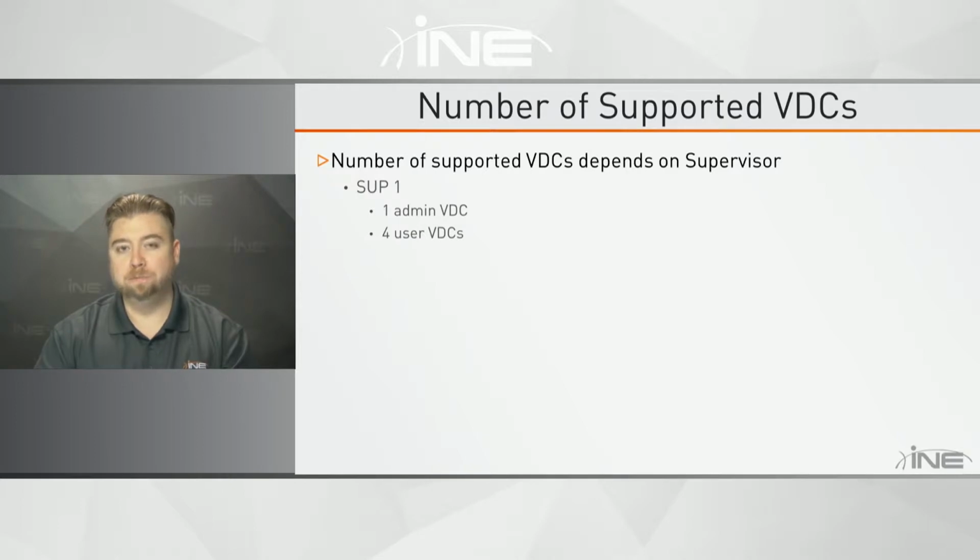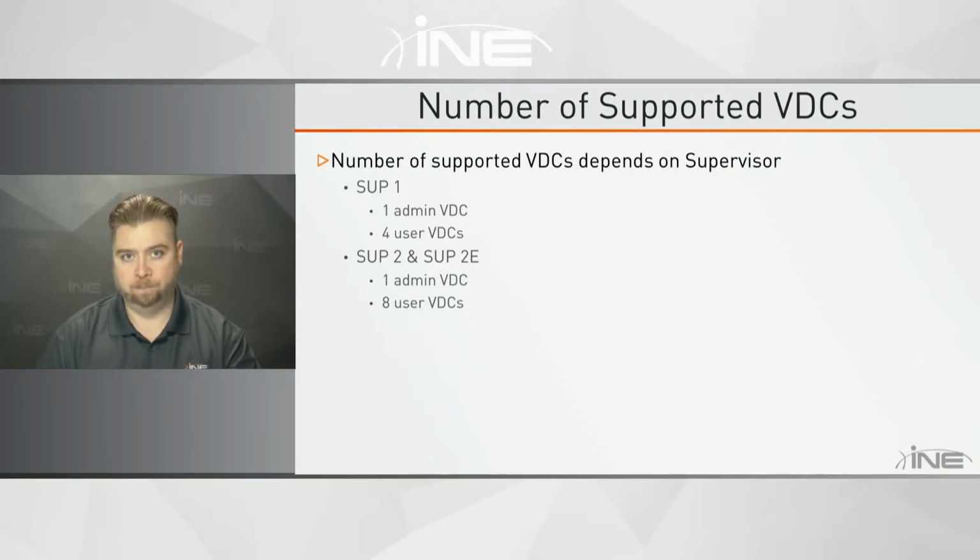With the SUP2 and the SUP2 Enhanced, the SUP2E, it supports 1 context for admin management, and then up to 8 contexts for forwarding traffic in the data plane. In our particular case, we're using SUP2E, so we have a dedicated context for managing, like for telnetting or SSHing to the box, and then other user contexts for actually forwarding packets in the data plane.